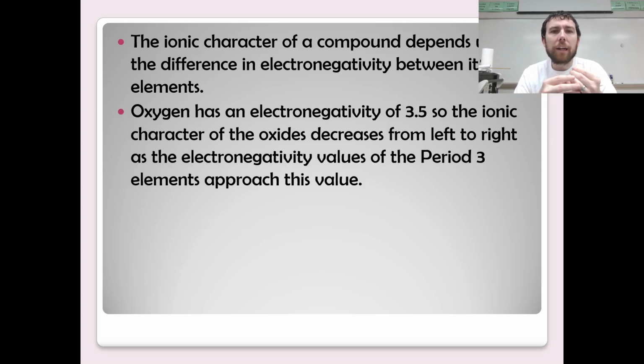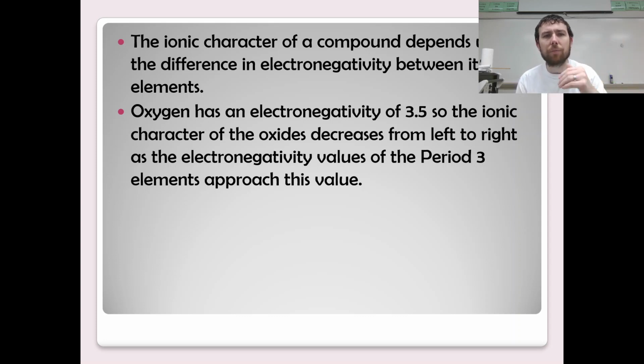And so we know that oxygen has an electronegativity value of 3.5. And so if we start to compare the ionic character of the oxides, it's going to decrease from left to right. And if you think about this, our elements that are to the left have lower electronegativity values, and that should make sense to us because our metals don't typically want to draw electrons to themselves. Typically, they're trying to get rid of electrons in bonding, right?